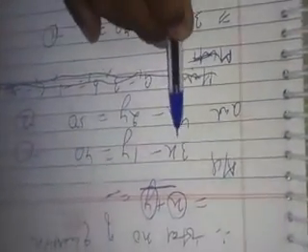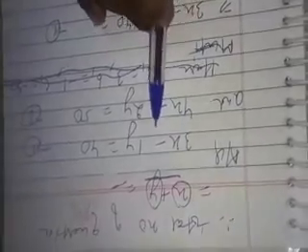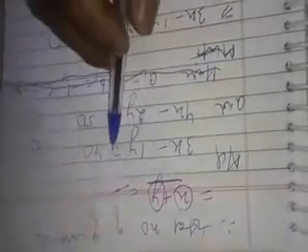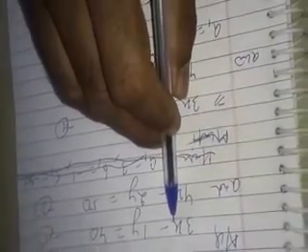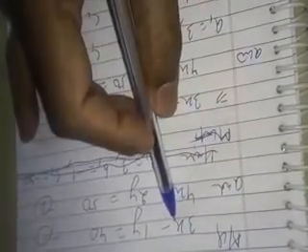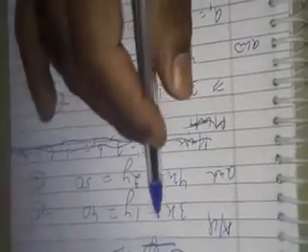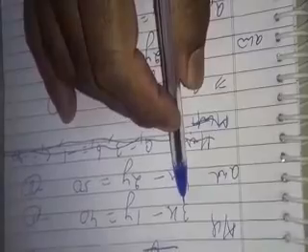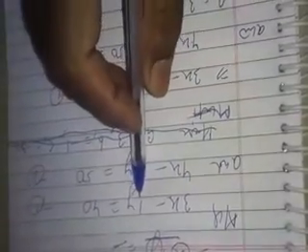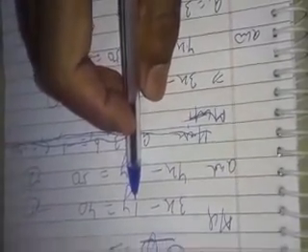In the first condition we have 3x minus 1y is equal to 40. It means that for each right answer the marks allotted was 3, and for each wrong answer the marks deducted was 1.